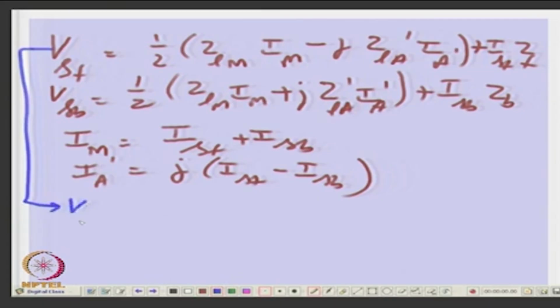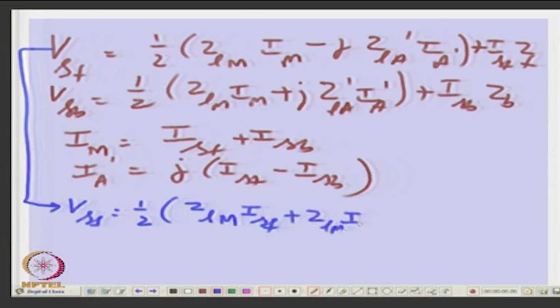So, this will be V_sf equal to half of Z_lm I_sf plus Z_lm I_sb, minus j Z_la dash I_a dash.